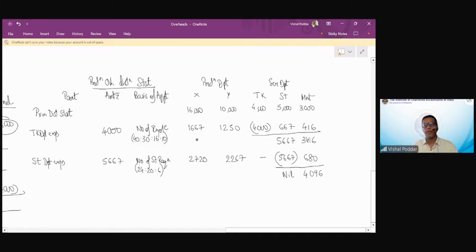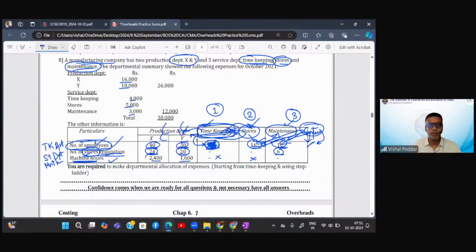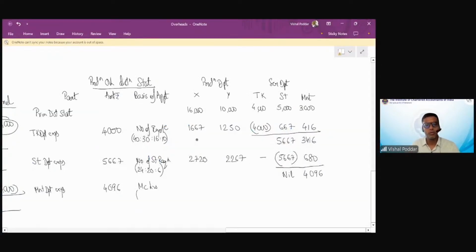4096, which again I'll consider here maintenance department expenses 4096, for which the basis is machine hours. Machine hours are 2400, 1600. So it is 24:16 or 6:4, whatever you want. So 4096.